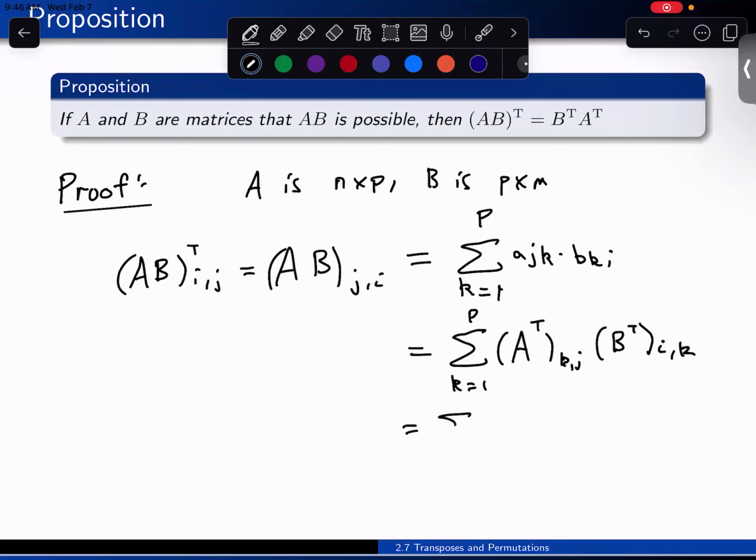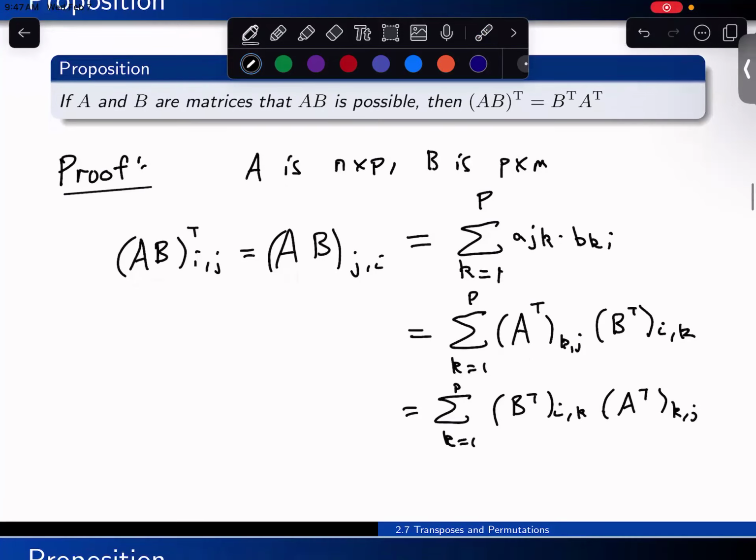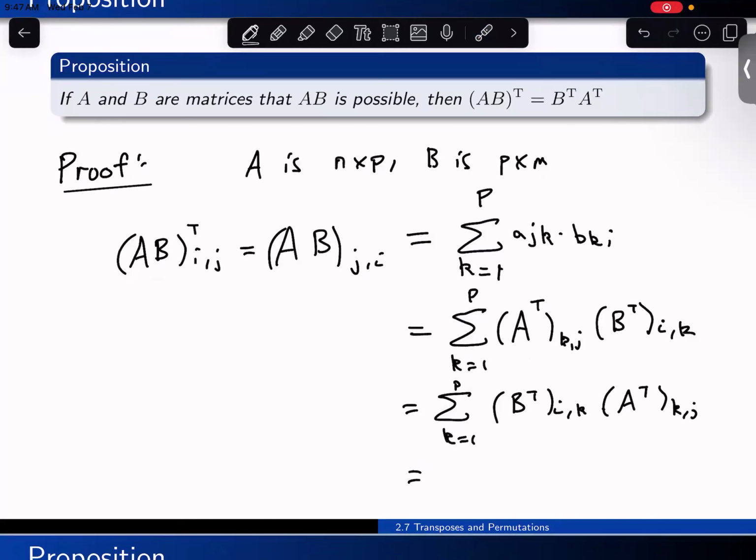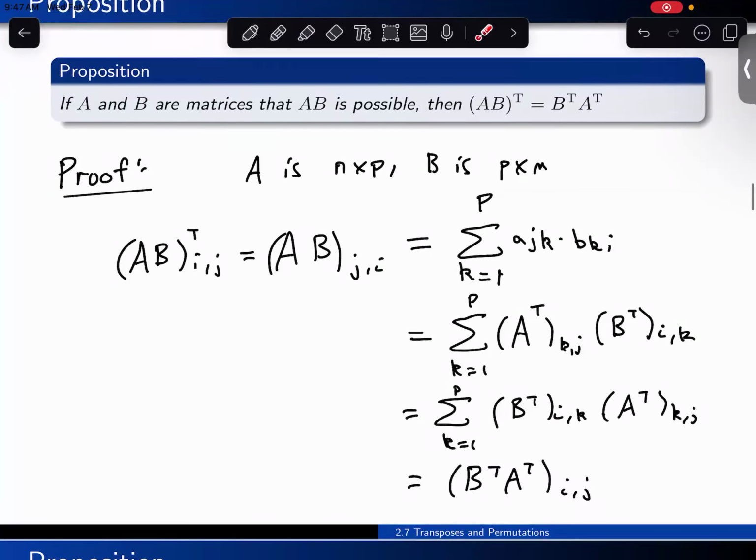And so this can be expressed as the sum from k equals 1 to p of the ikth entry of the transpose of B times the kjth entry of the transpose of A. And then by definition, this is just equal to the ijth entry of the transpose of B times the transpose of A. I'm not going to ask you to do stuff like this on the exam or anything like that.